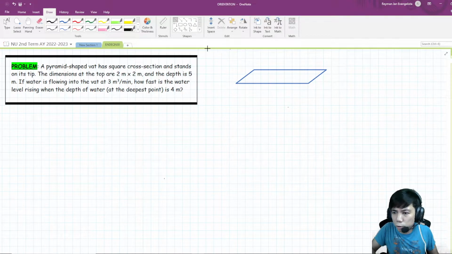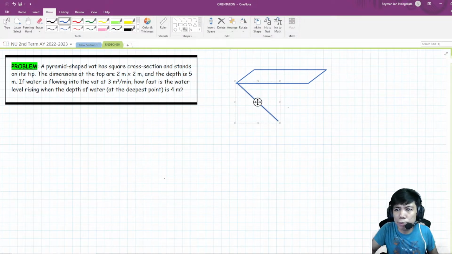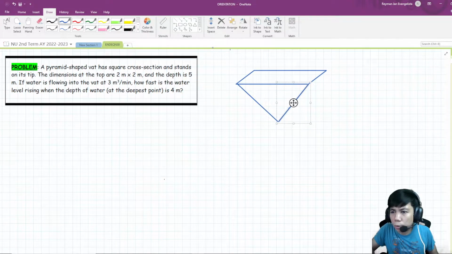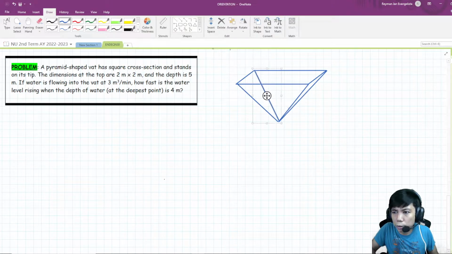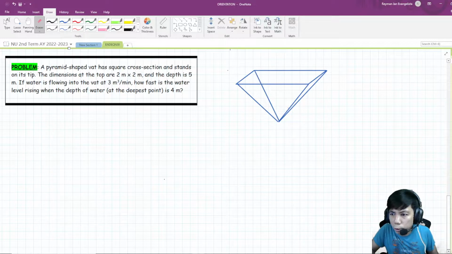Then, let's say yung tip, somewhere dito, para medyo mahaba. Then, broken line to dapat.